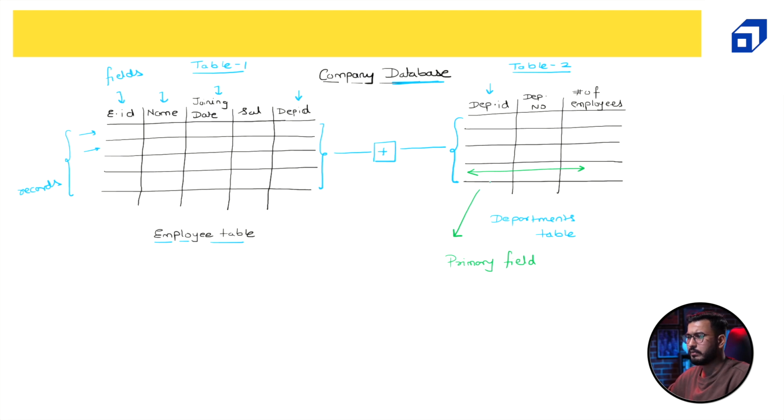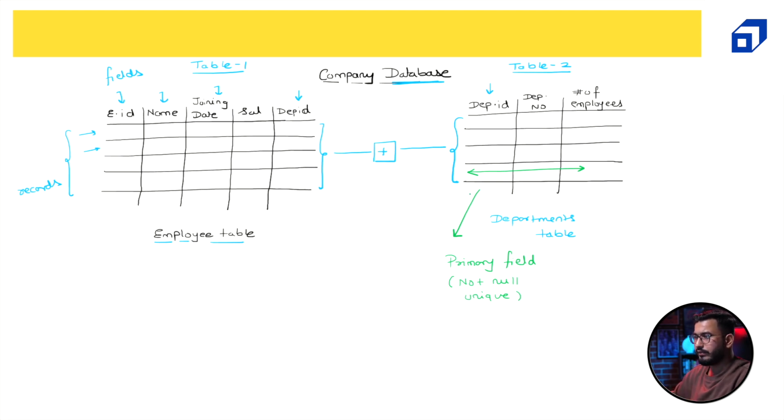Without having department ID, I cannot enter any record into this table. So a primary field cannot be null, not null, and it needs to be unique. These are the two constraints of a particular column or a field to be a primary field.